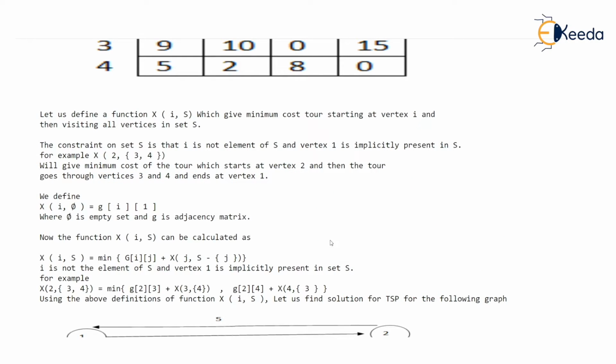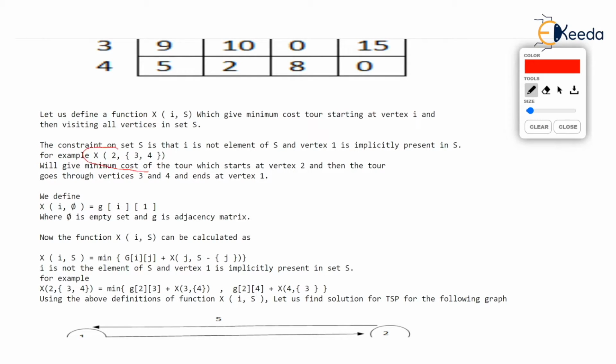So that's what has been elaborated in this sentence over here. I hope you are listening very carefully. Trust me, only first few things about this function x and its notation are a bit tricky. Once you understand this, the entire dynamic approach is very easy. You just tell me what is x 2 comma 3 4. It means start your travel from vertex 2.